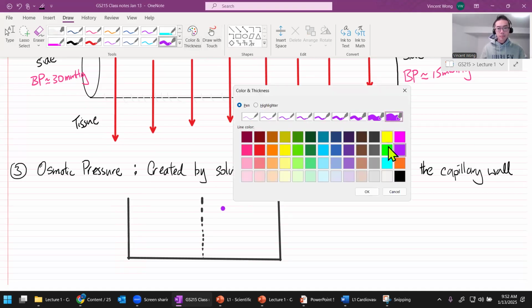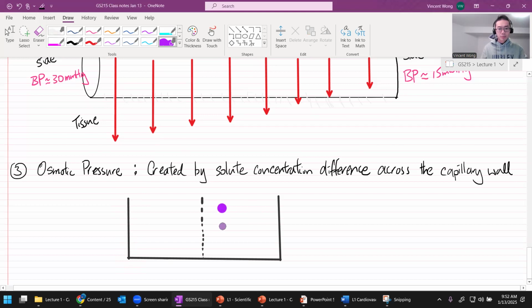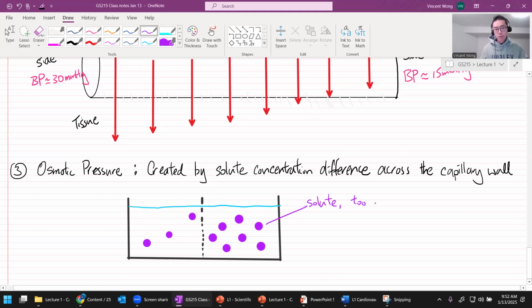Let's make them bigger. Now, as you can see, they are really big, so they cannot cross the membrane that I've drawn. So let's put some water here. These are solute, too big to cross the membrane.